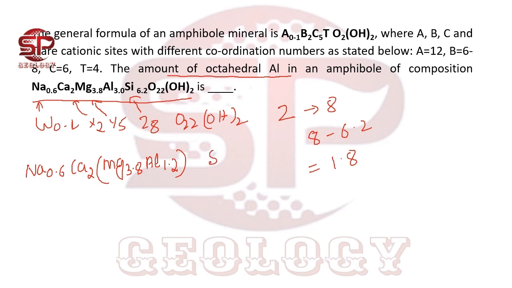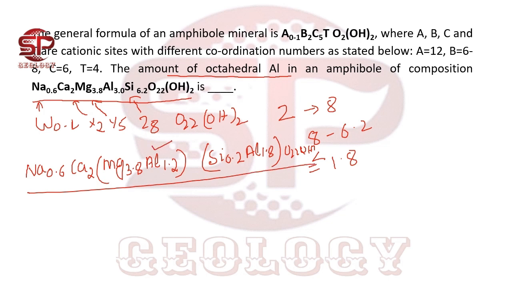Then Si will be 6.2 and aluminum will be 1.8, then O22 (OH)2. So this will be the formula. This fraction of aluminum is present in the octahedral site, and this in the tetrahedral site. Here we have asked what the octahedral aluminum will be. So it will be 1.2.